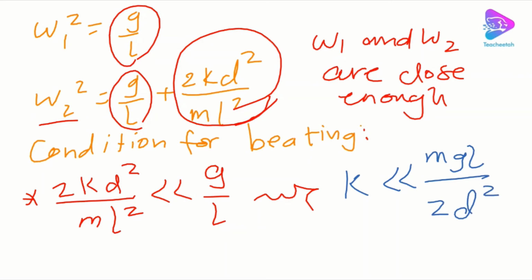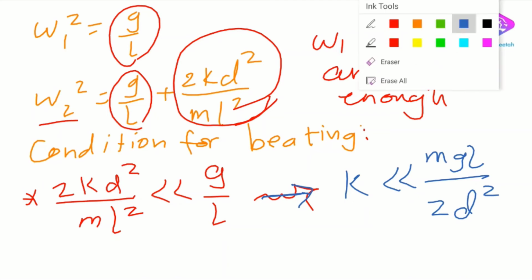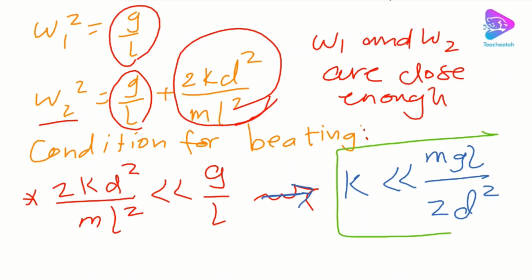Say for example you have a design problem, you want to design k for this double pendulum case so that the beating phenomenon occurs in the system, or the response of the 2 masses follows a beating behavior. The condition on k should be like what we found here. Very interesting, right? This is the condition on k which gives us a beating phenomenon.